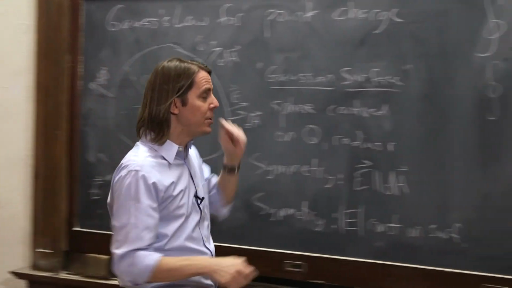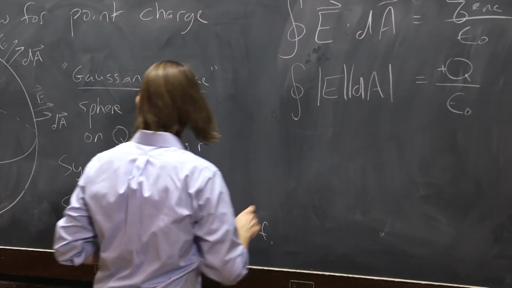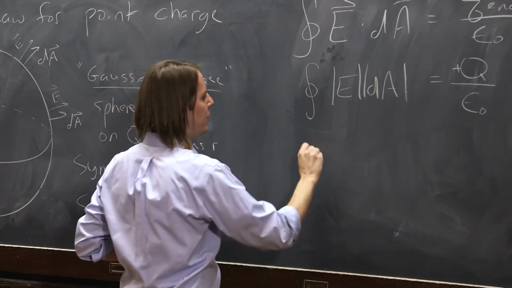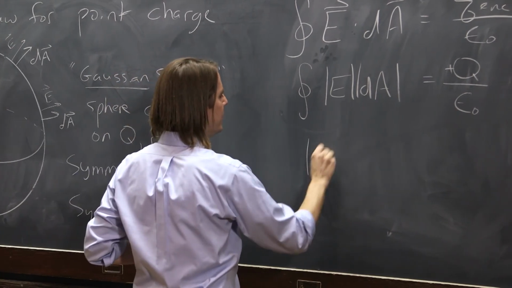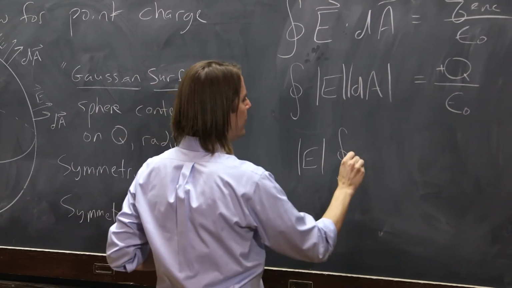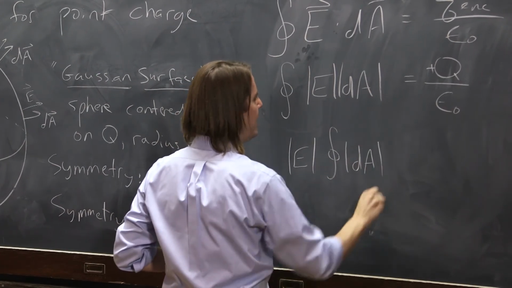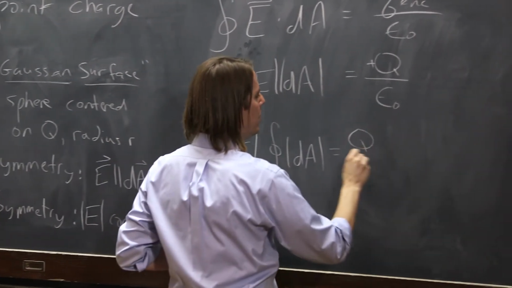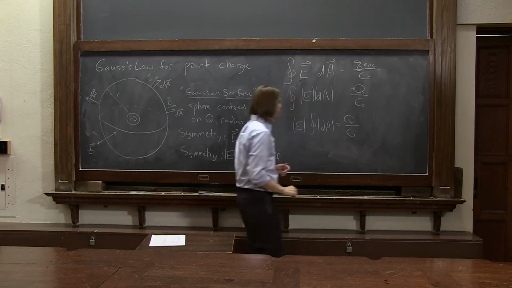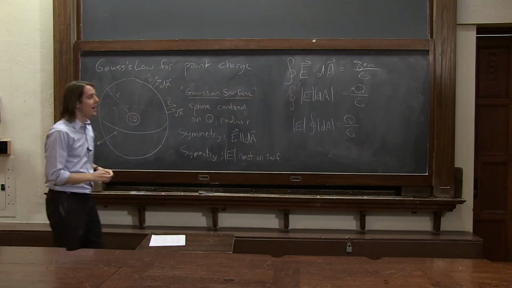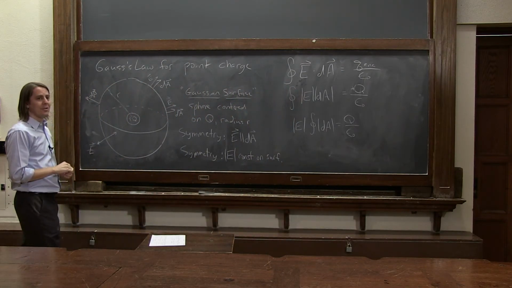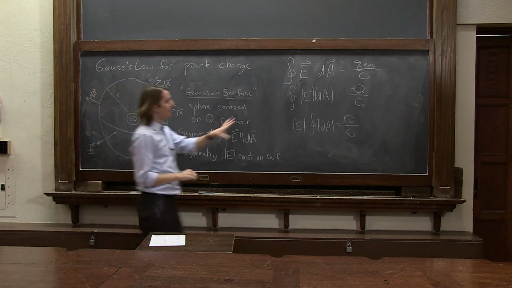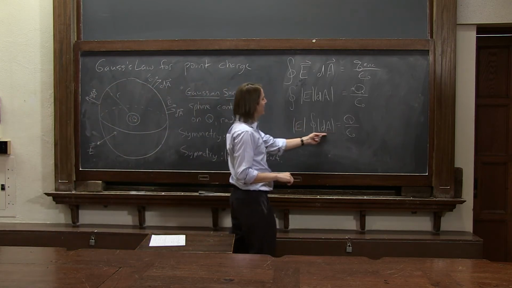If the E field's the same everywhere you go, you can take it out of the integral. Okay? So now we have the E field magnitude times the integral around the surface of dA magnitude equals Q over epsilon naught. Aha! Now that it's out of the integral, we can solve for it. Right? We can now solve for the magnitude of E. And actually this integral now became not so hard.